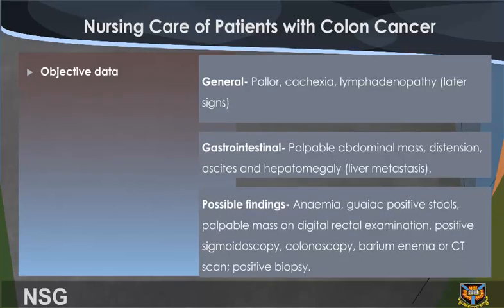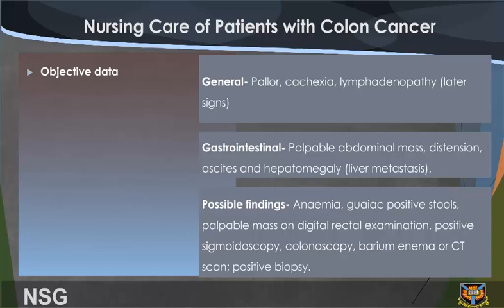Objective data. General: pallor, cachexia, lymphadenopathy. Later signs, gastrointestinal: palpable abdominal mass, distension, ascites, and hepatomegaly, liver metastasis.